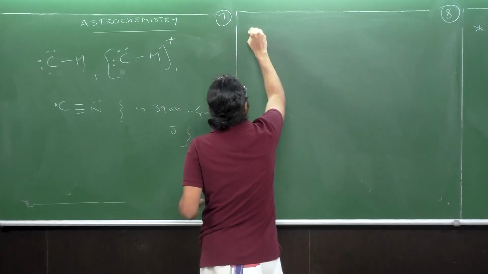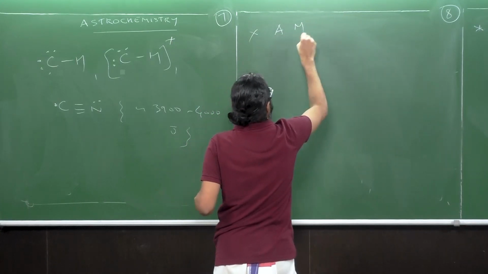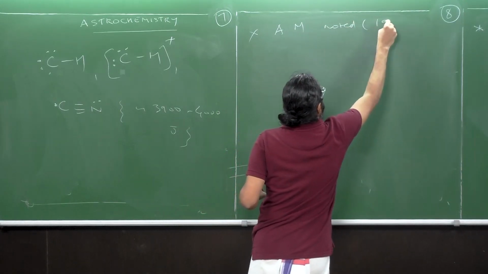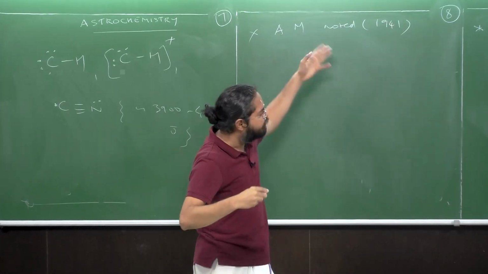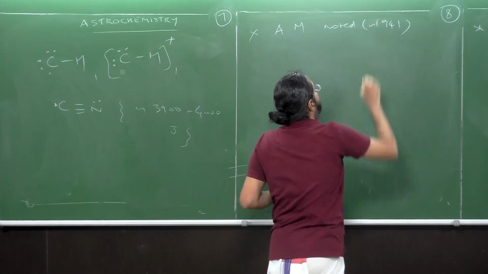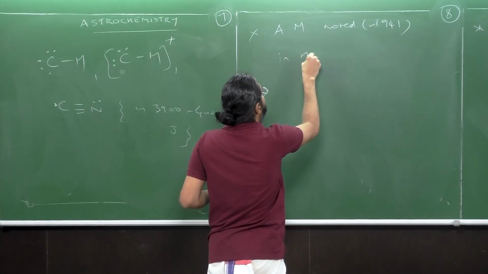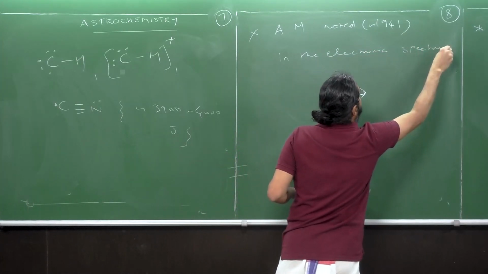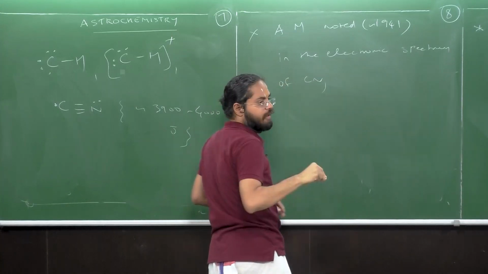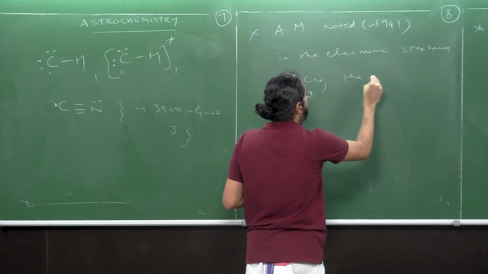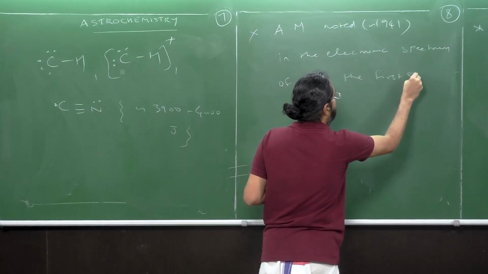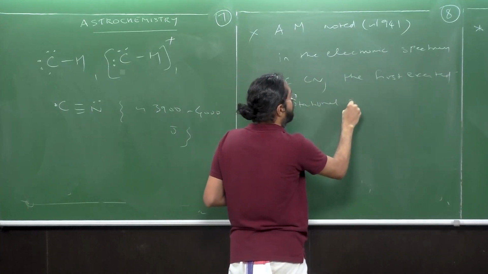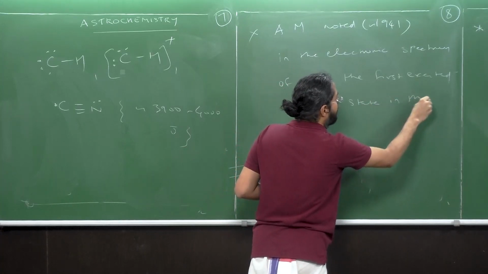Now this person, Andrew McKellar, I'm just going to say it as AM. He noted that in 1941, I will give you the exact reference sometime soon, approximately around 1941, in the electronic spectrum of CN, the first excited rotational state in the ground electronic state.